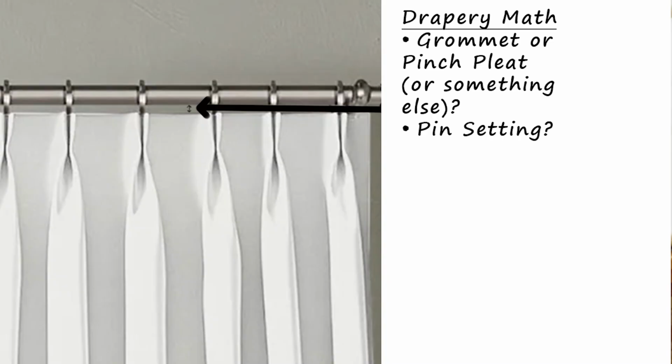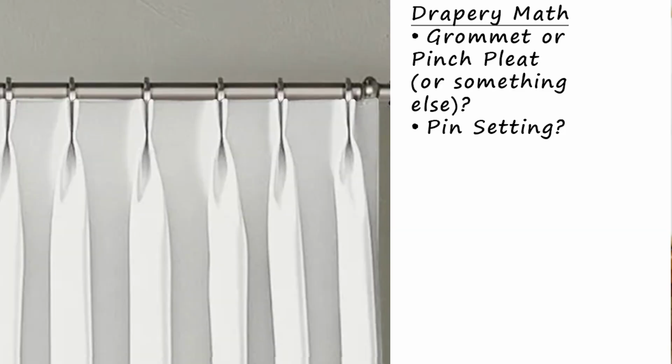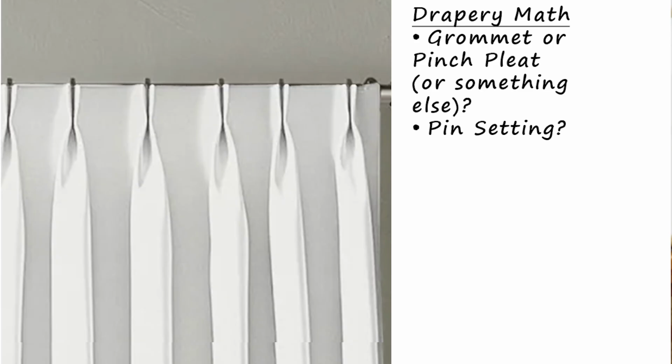The pin setting will determine how close the drapery will sit to the rod. In our picture, I would guess that this is a 1/4 inch pin setting. The higher the number for your pin setting, the closer the drapes will be to the rod. 1/2 inch and 3/4 inch pin settings are very common. Higher pin settings are used to hide more of the rod, but since the rod will be visible anytime the drapes are open, it makes more sense to have a nice looking rod and use a standard pin setting.